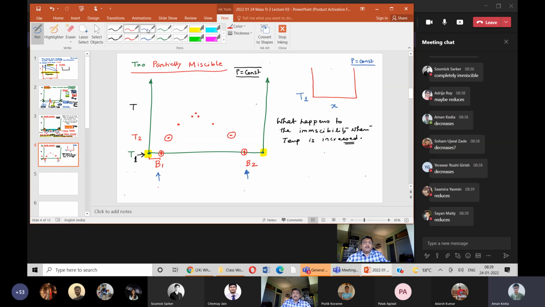And you are likely to get a graph like this. Right? And these lines are important. These you have experimentally obtained. Right? So this is the immiscible region.